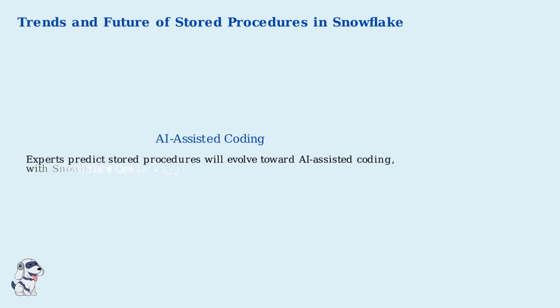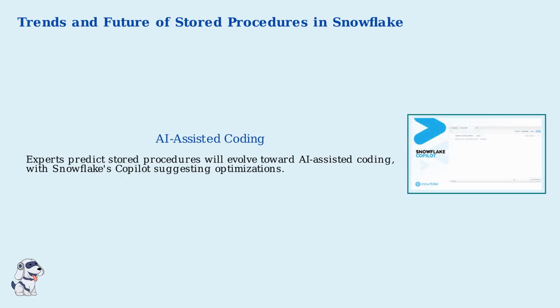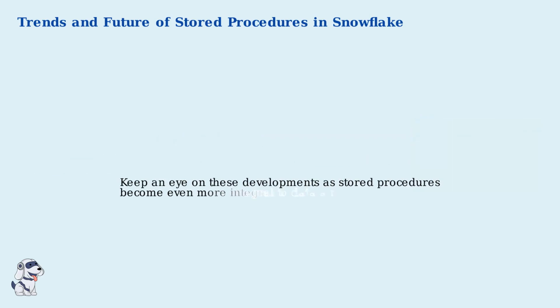Experts predict stored procedures will evolve toward AI-assisted coding, where Snowflake's Copilot tool suggests optimizations and helps write more efficient procedures. Keep an eye on these developments as stored procedures become even more integral to data automation in Snowflake.